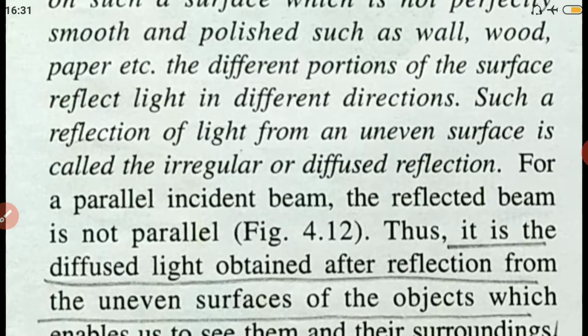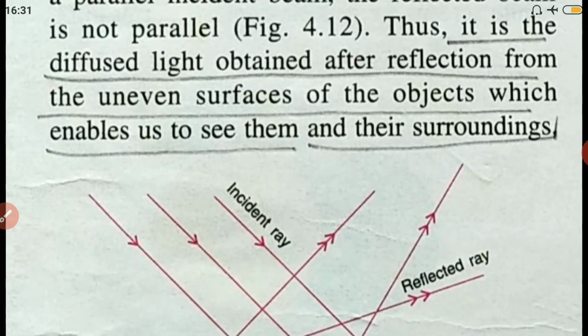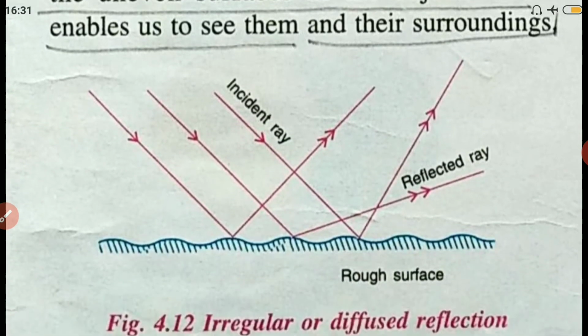For a parallel incident beam, the reflected beam is not parallel. Thus, it is the diffuse light obtained after reflection from the uneven surfaces of the object which enables us to see them and their surroundings. Now, this can be understood with the help of this figure.